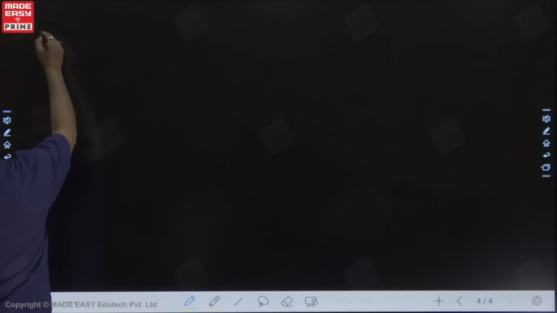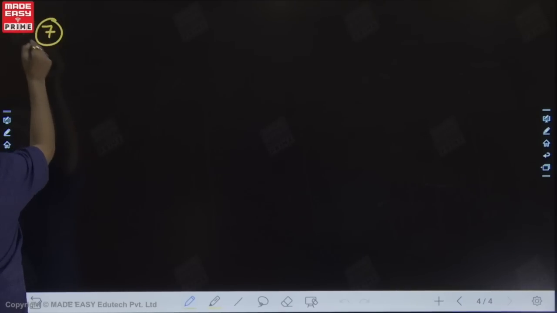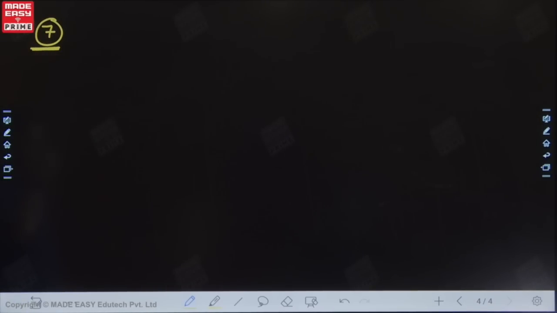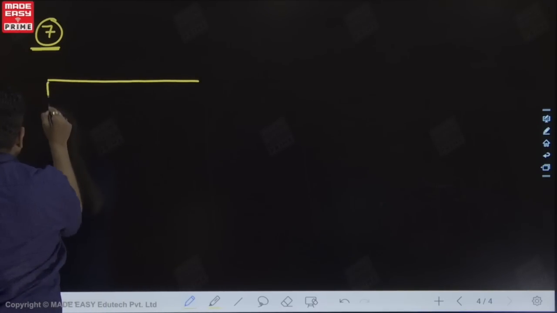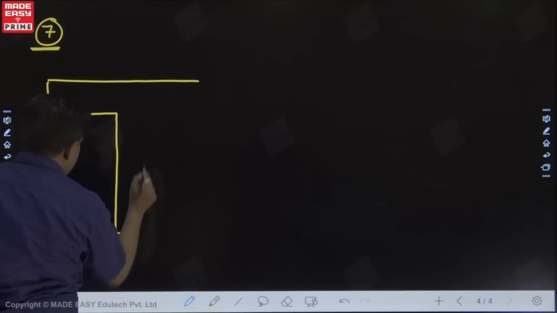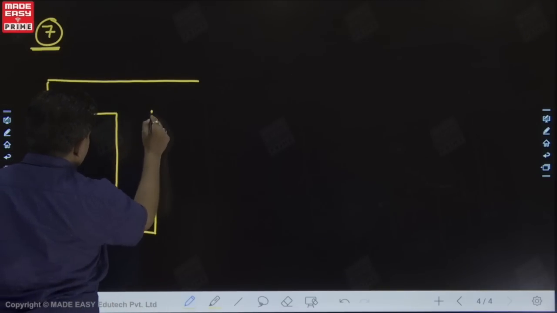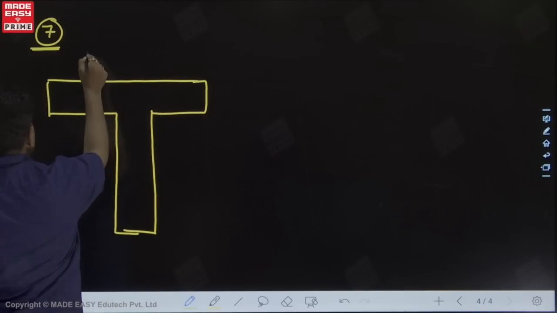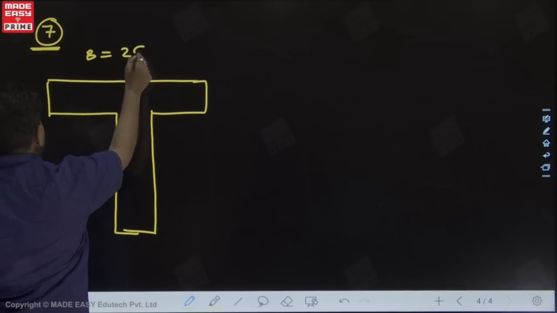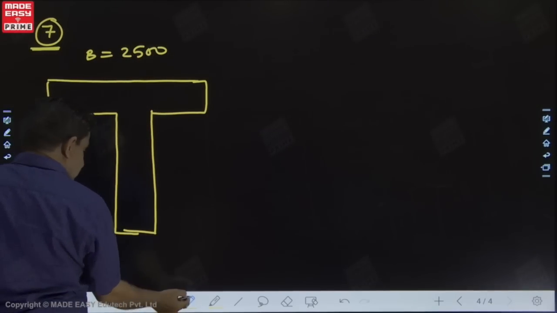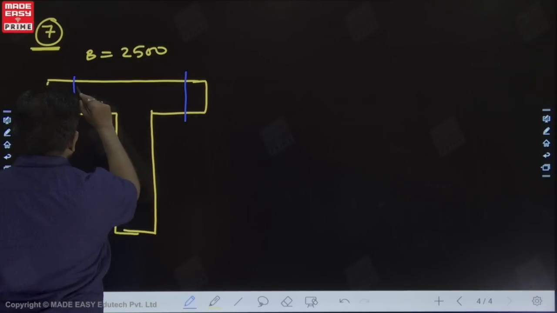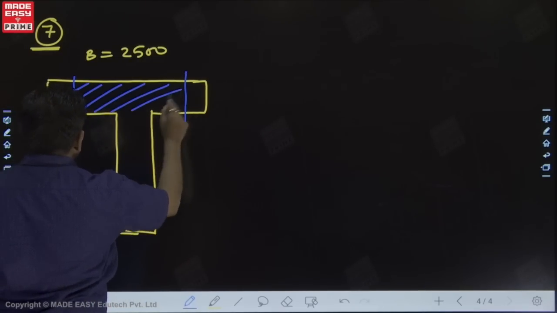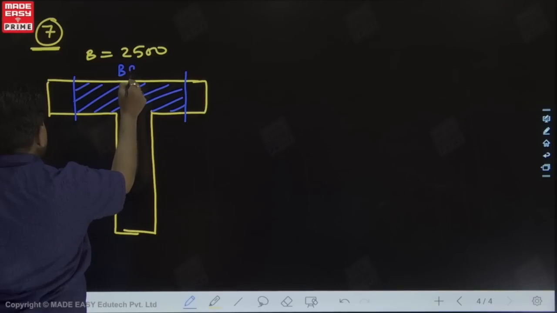So the solution of this question number 7. Now we will discuss how to solve it. So first, let me draw the figure of that beam. This is capital B, 2500. Out of this we will consider only an effective width of flange, whatever it is. This value will become B effective.